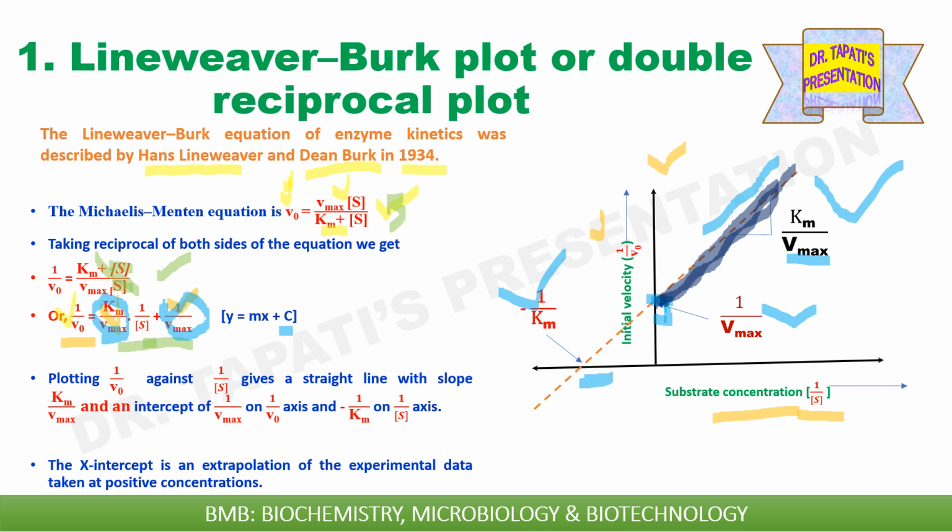Because we can calculate the value of Km very easily by knowing this x-intercept value. So we have to extrapolate this straight line to the negative part. This is the negative part, because it is going towards the left side from the 0 axis.